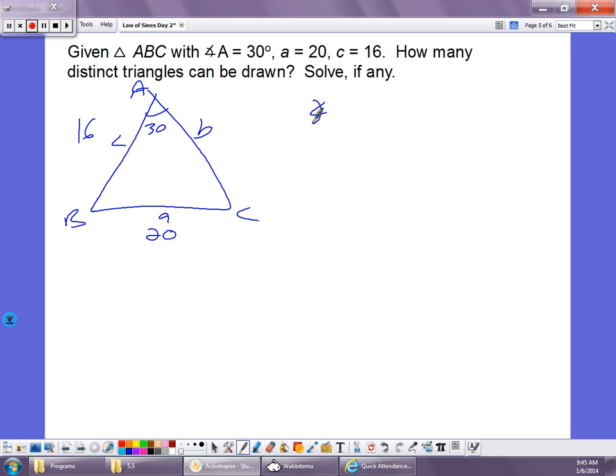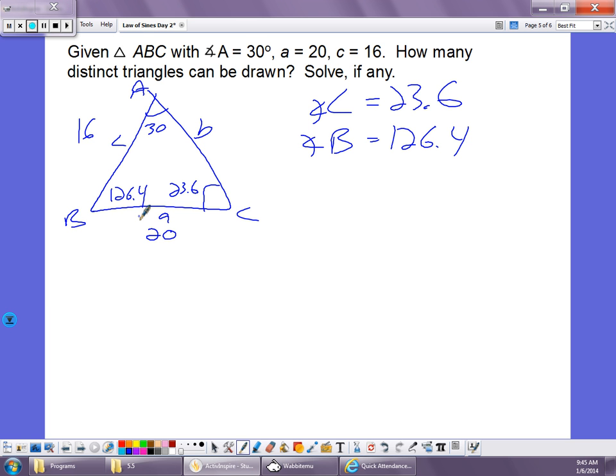For angle C, what did you guys get? 23.6? Okay? So that's here. So then you can solve for angle B, and you got 126.4. And once you have this, now you can solve for side B, and you get 32.2. Good. Okay. So this is the first triangle.